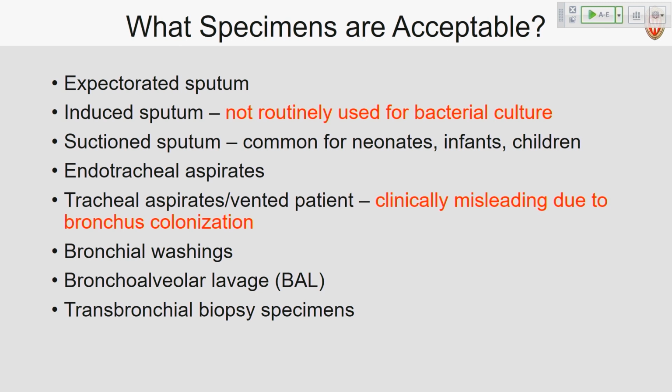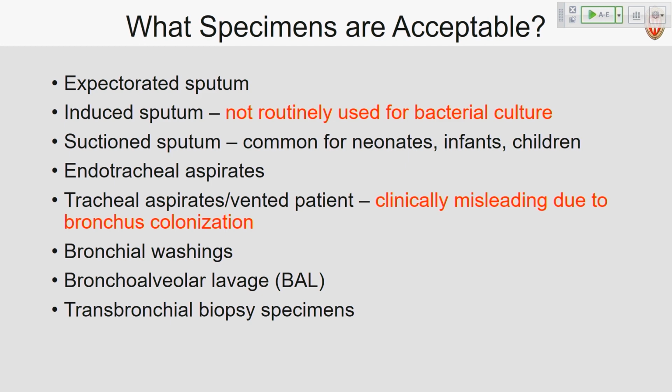This can be clinically misleading because of bronchus colonization. If you think about going back several slides to the anatomy and where that vent is landing compared to where the bronchus is, that is where you can get some of that colonization occurring. So those can be tricky cultures to receive and work up.